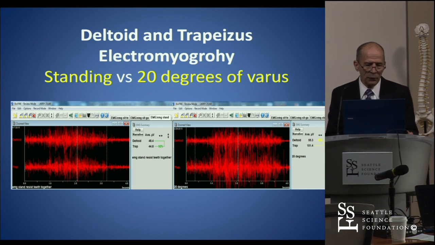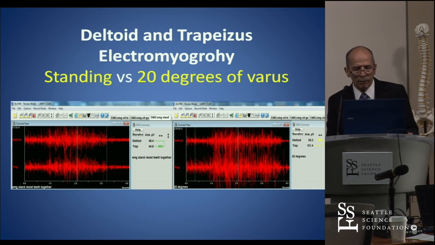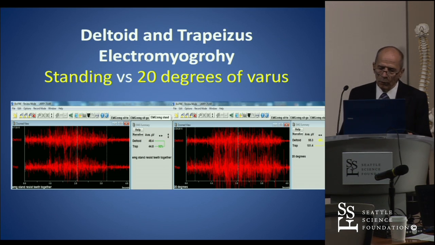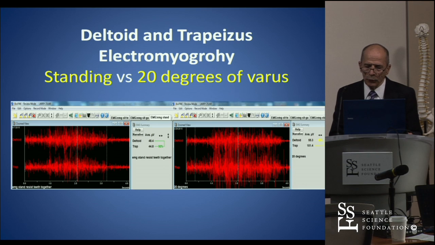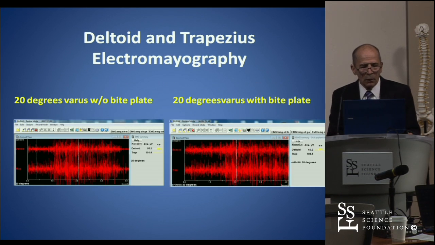We tested the deltoid and the trapezius, and you can see they were standing and pronating. The deltoid on the left had 40 microvolts, but when we supinated them 20 degrees, it went to 55. The trapezius was 44 microvolts, but as soon as we supinated them and asked them to resist against the trapezius muscle, it went to 101 microvolts.